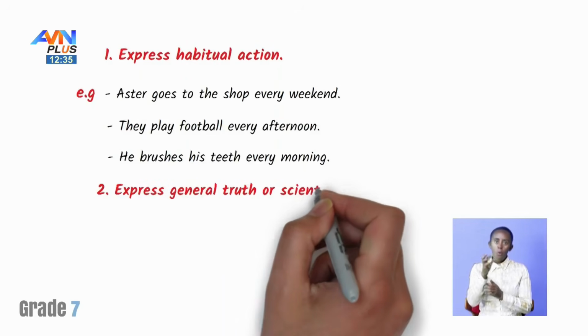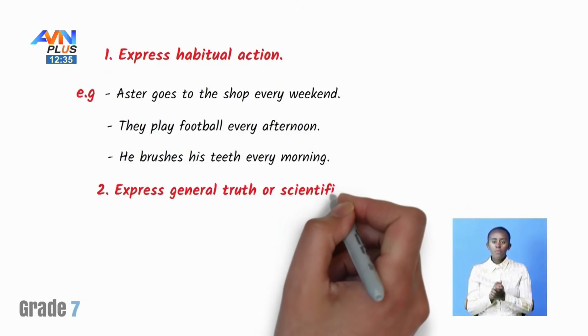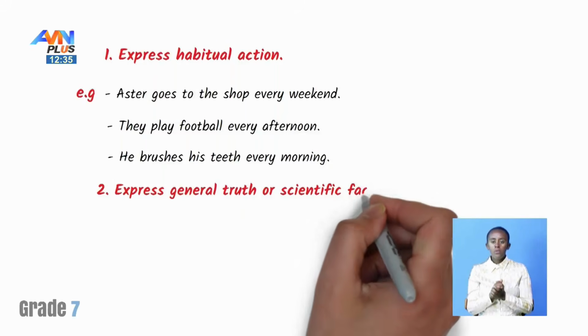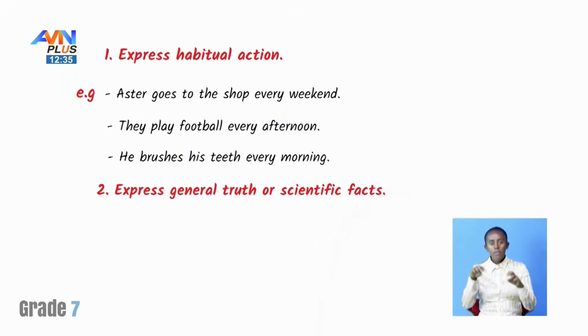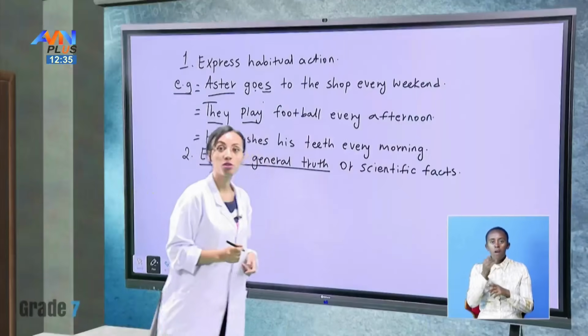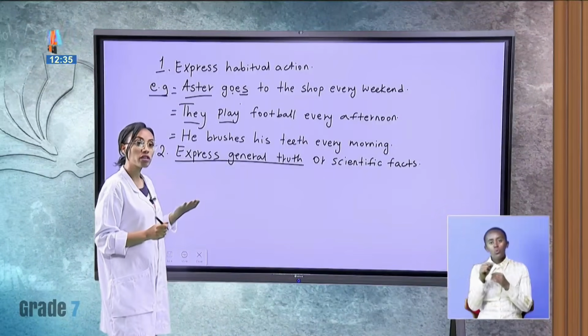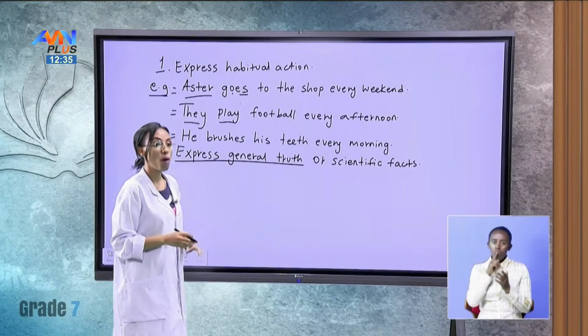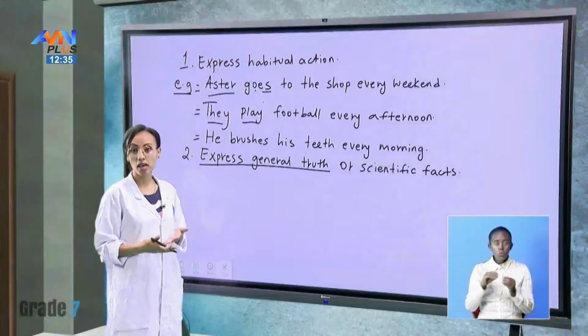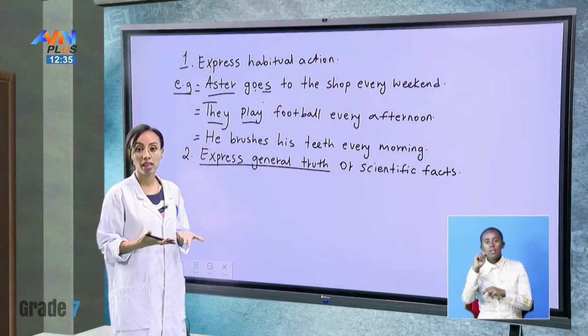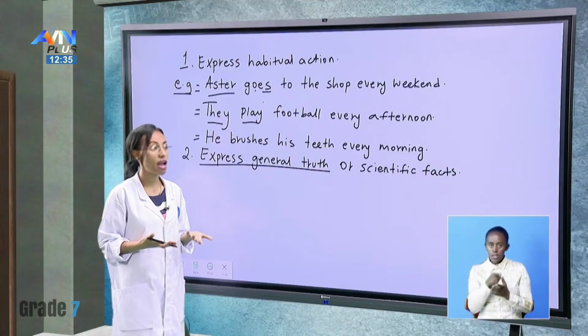Or we could also say scientific facts. We use the simple present tense to not only talk about general truth, but also scientific facts. Okay, let's see a few examples and see how it goes.